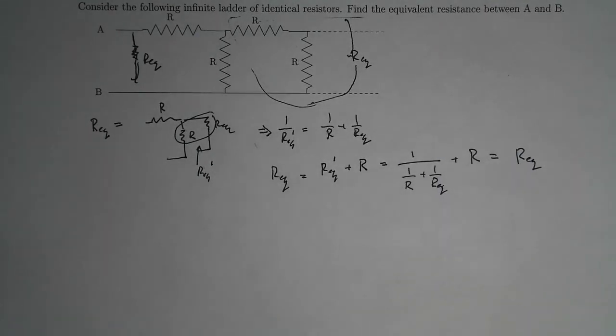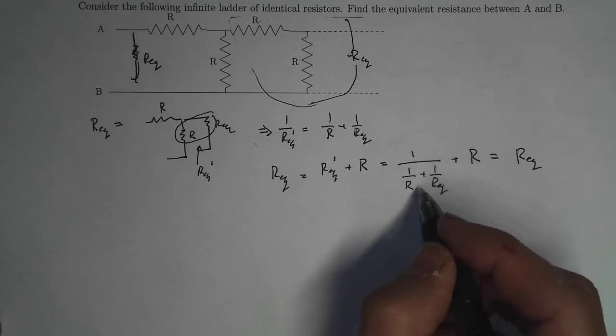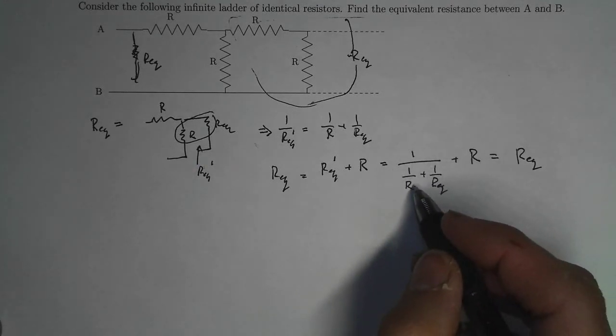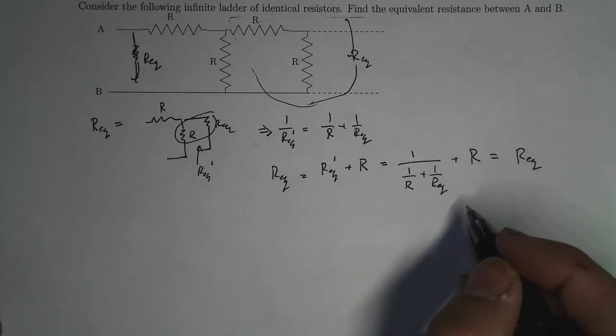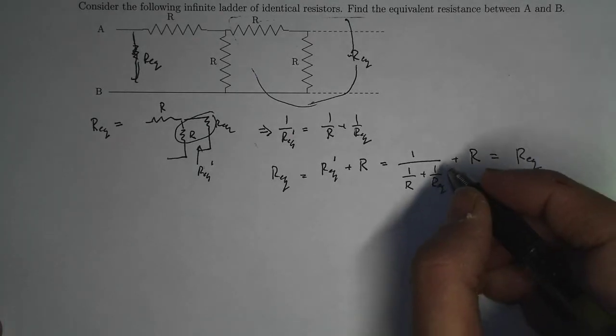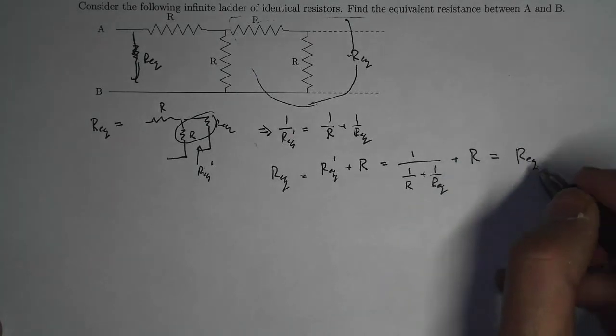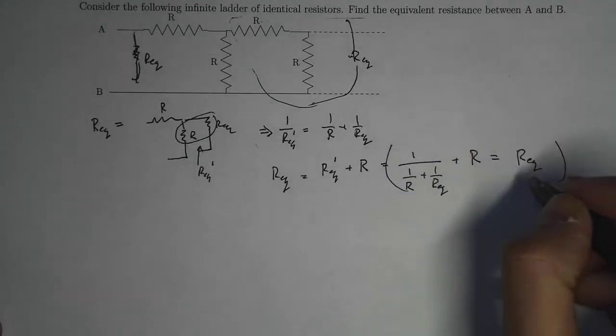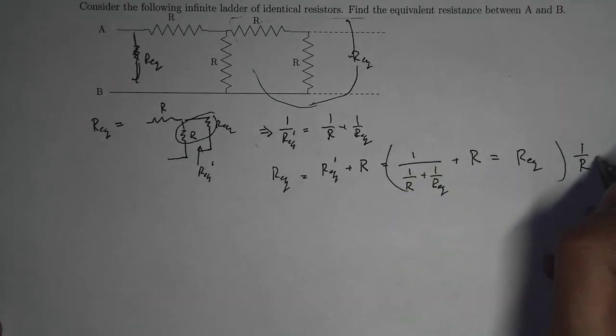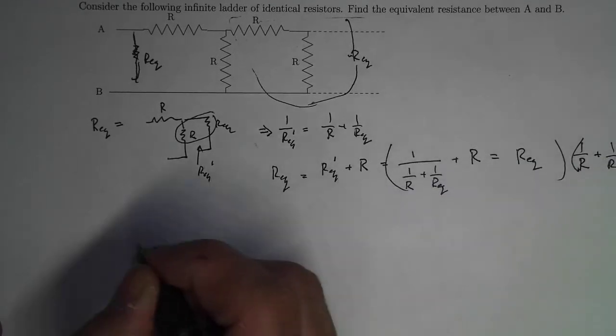So how can we solve this problem? Perhaps the easiest way is to somehow get rid of this stuff down here, or you can multiply this one out. Perhaps it's easier if we just multiply this one out. So let's multiply the entire thing by 1 over R plus 1 over REQ, and multiply everything out.